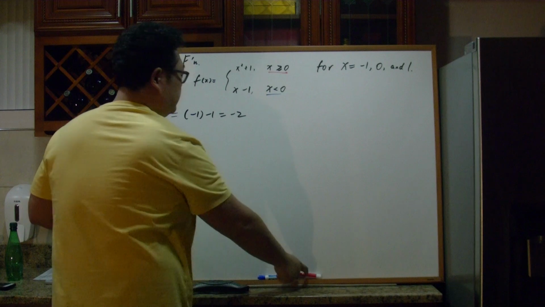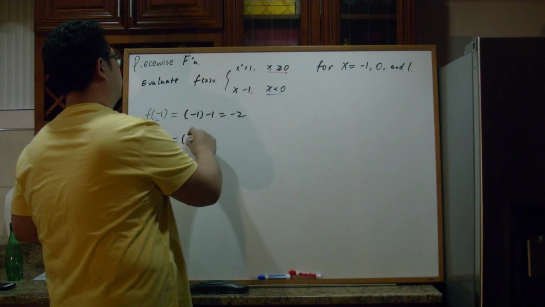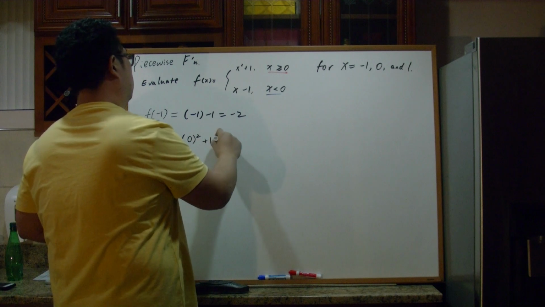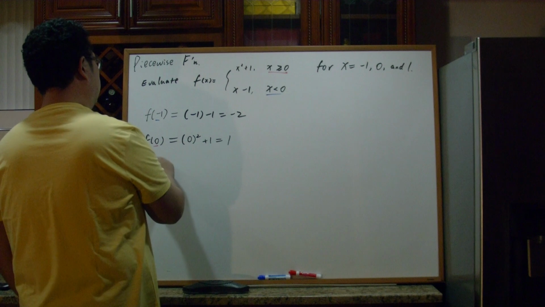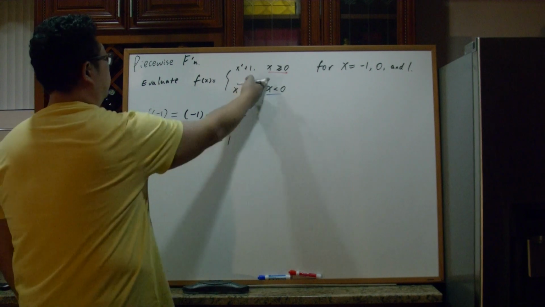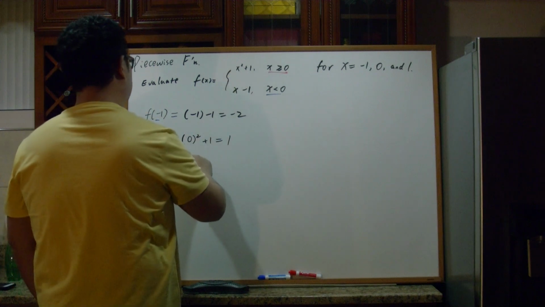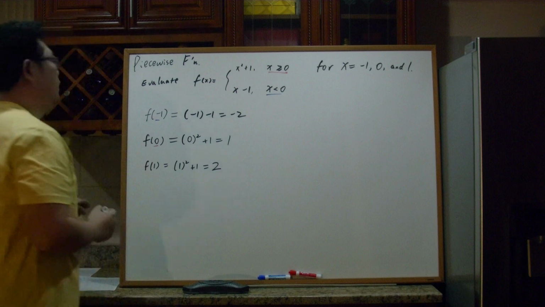So we use the first piece to evaluate it. Substituting the 0 into the function gives 1. And f of 1 also falls in the first piece, that's 1 squared plus 1, which is 2.